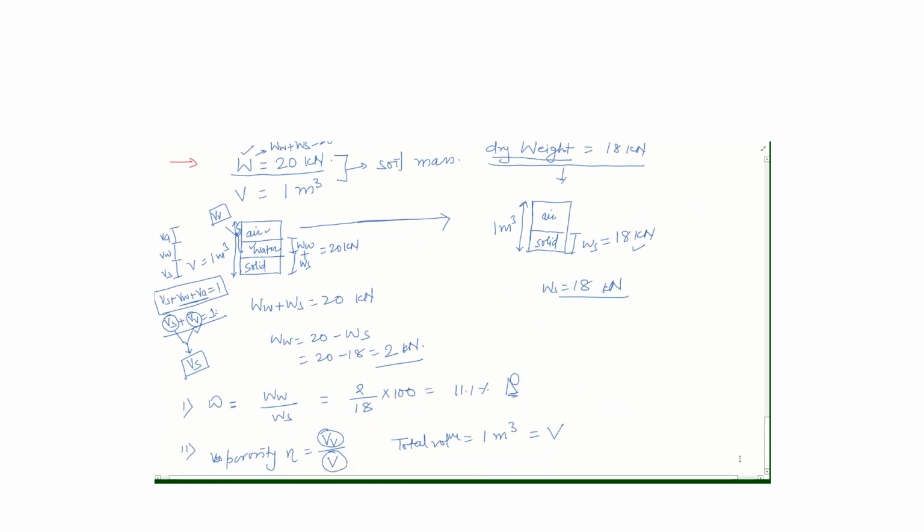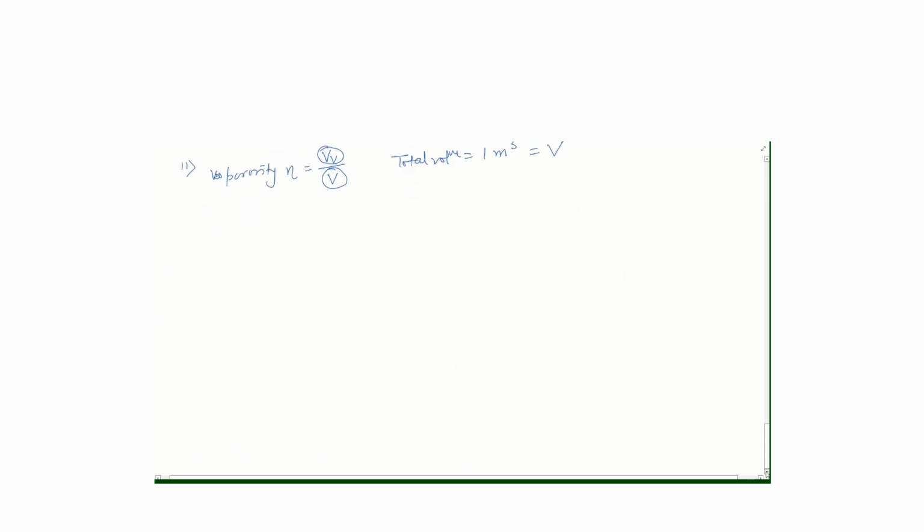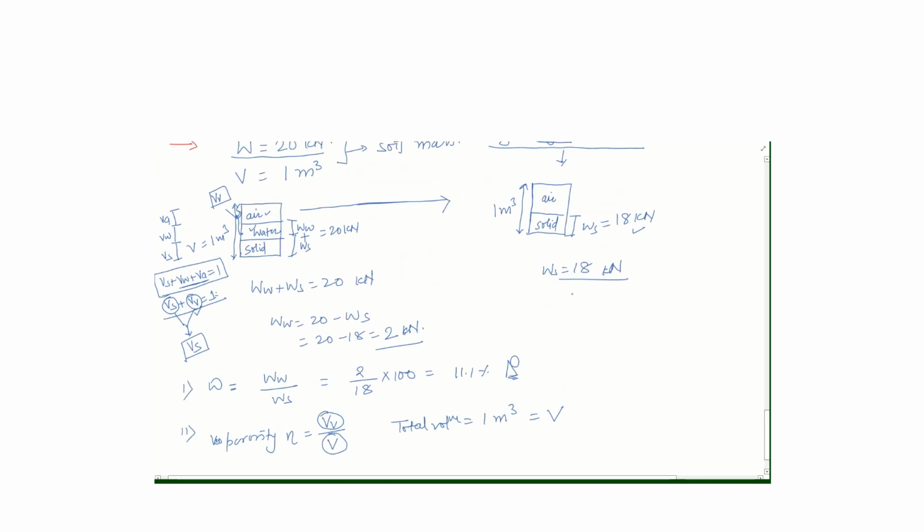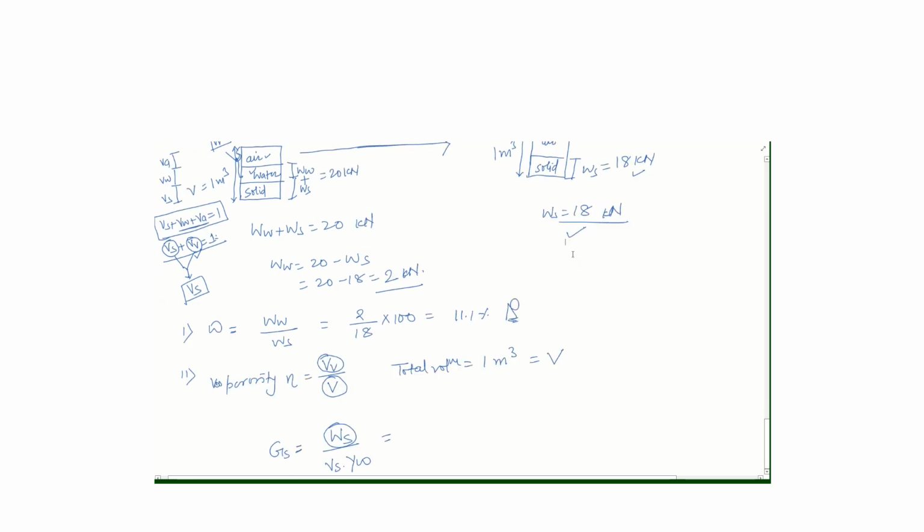If you recall, what is specific gravity? Gs is nothing but weight of solid by volume of solid into gamma w. I know the weight of the solid, which is 18 kilonewton, so I put 18 here.